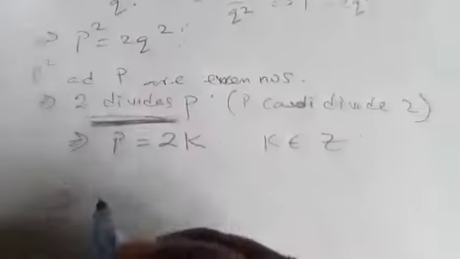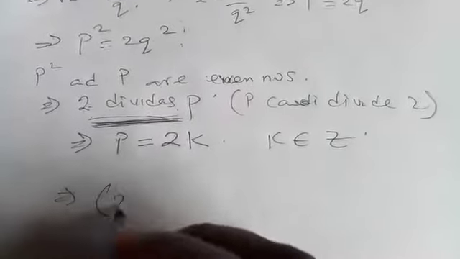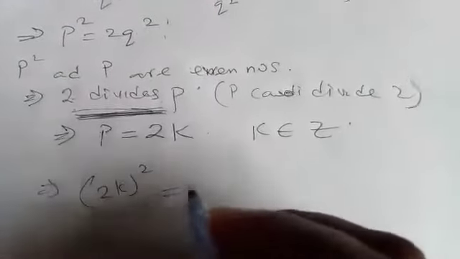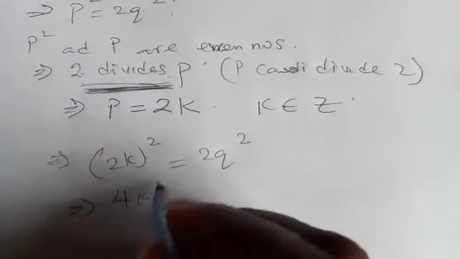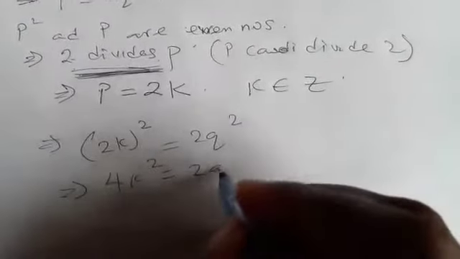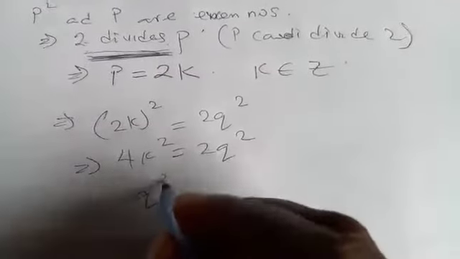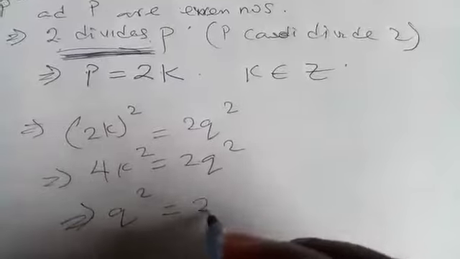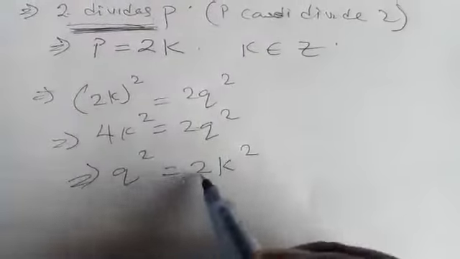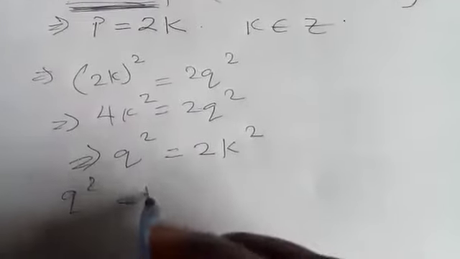When we put it here, we are going to have (2K) squared equal to 2Q squared. This is 4K squared equal to 2Q squared. That would mean that 2 cancels 2, and we are going to have Q squared equal to 2K squared. So you see here that Q squared and Q are also even.